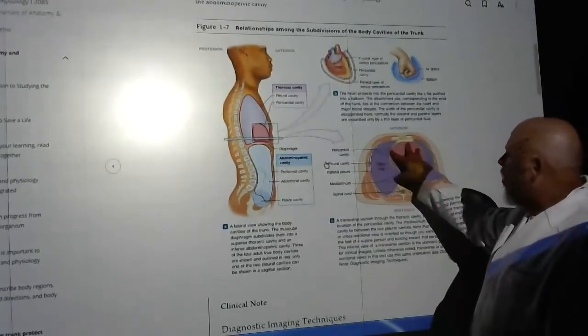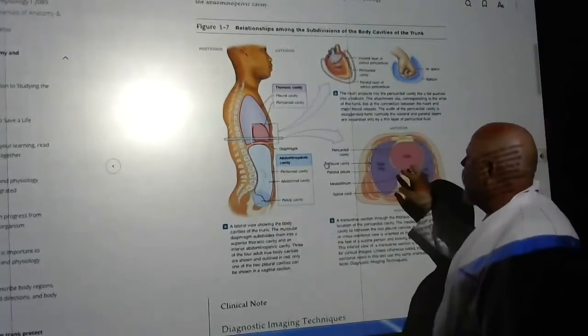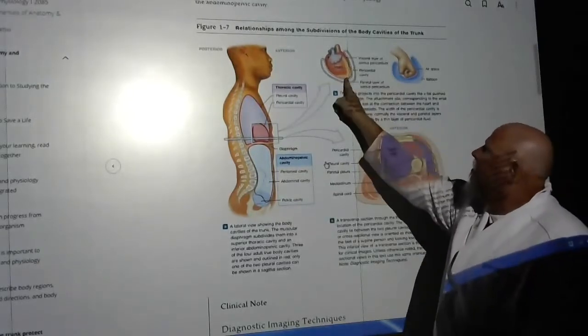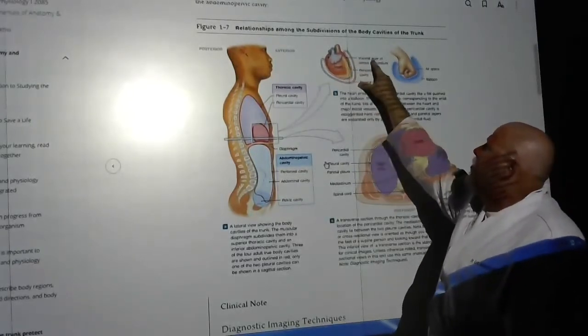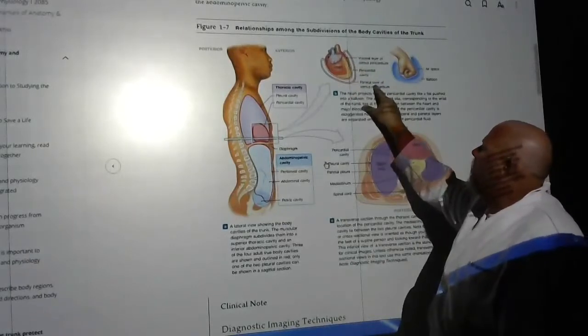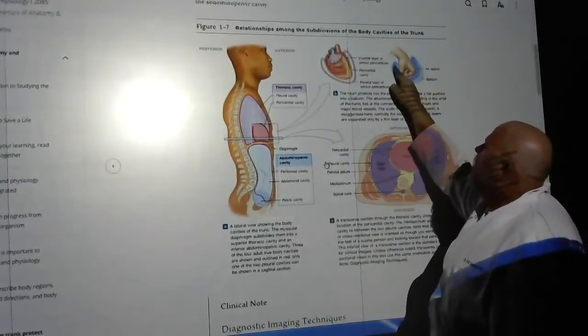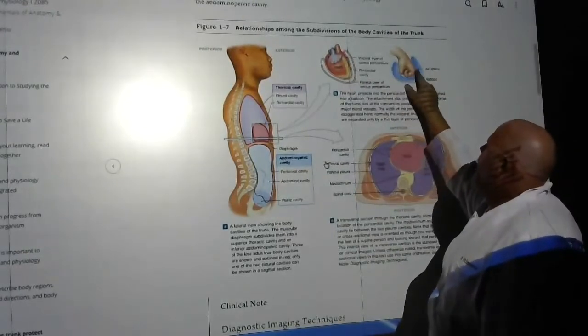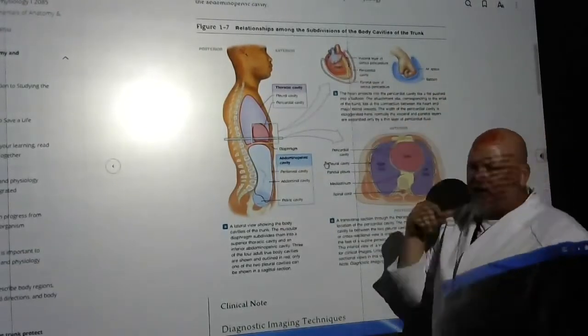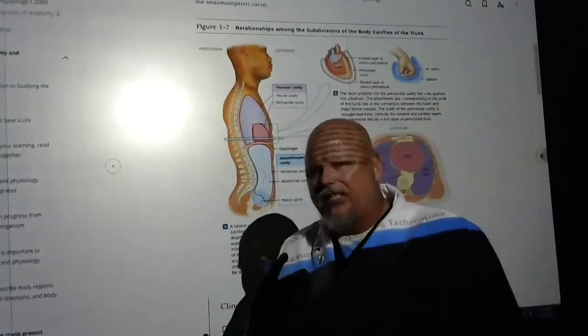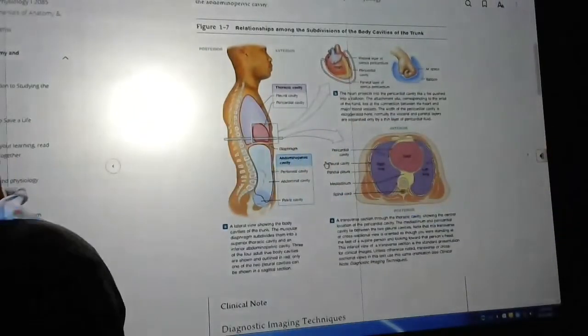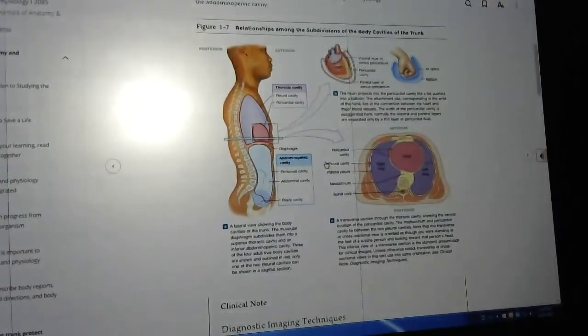Now, all of our cavities have this kind of setup where you have a visceral layer and a parietal layer, okay? So you see here, someone's putting their hand inside a balloon, right? This actually makes a visceral layer, and if you've never heard of visceral, that's actually the organ itself. So the visceral layer is what's on the organ itself.